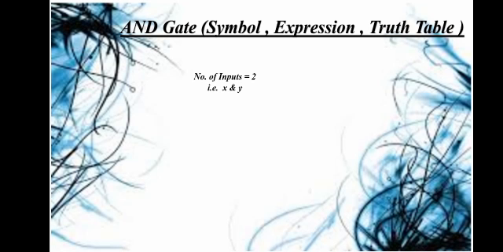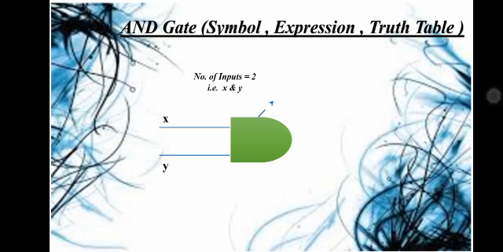Coming towards the working, as you also know that it has two or more inputs, taking two inputs, the number of inputs is equal to 2, that is X and Y. We represent the first input with X and the second input with Y. The symbol of the AND gate is a D shape, so this is the symbol of the AND gate.